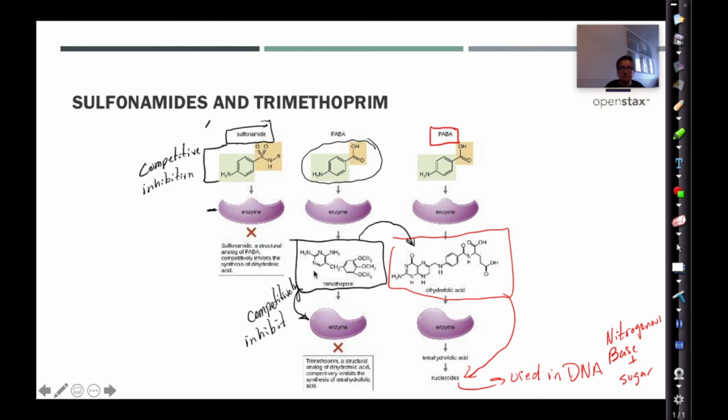Now, if we look at trimethoprim, it stops the second enzyme from working by competing for this active site, so that when it binds to it, the enzyme is no longer able to convert that into a nucleotide. So sulfonamide works at the first enzyme, competitive inhibition. Trimethoprim works at the second enzyme, competitive inhibition.